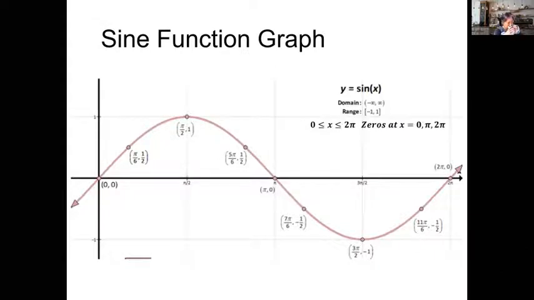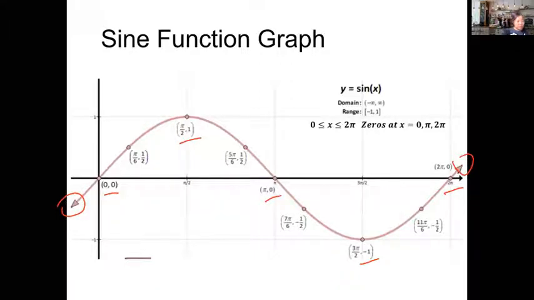So as you see, this is a sine function graph here, and it starts from 0, 0, and then pi over 2, comma 1, and pi, comma 0, 3 pi over 2, comma -1, and 2 pi, 0 again. And as I said before, it has the arrow at the end of both sides, and that indicates it's going to repeat everything.